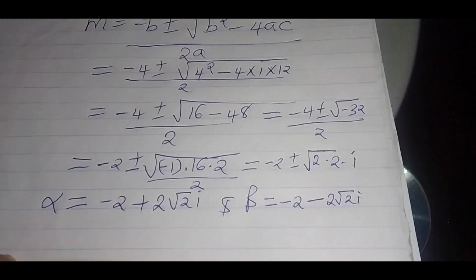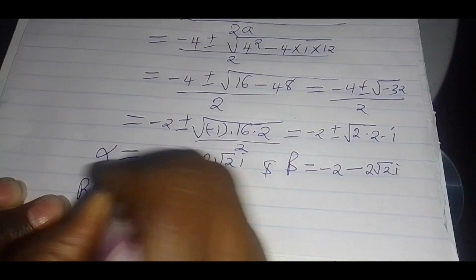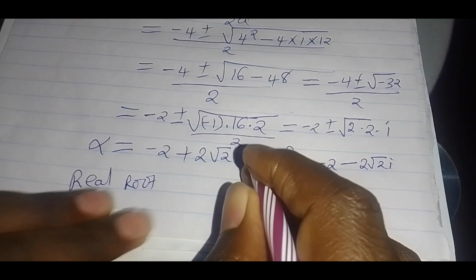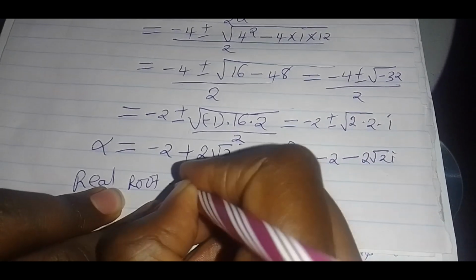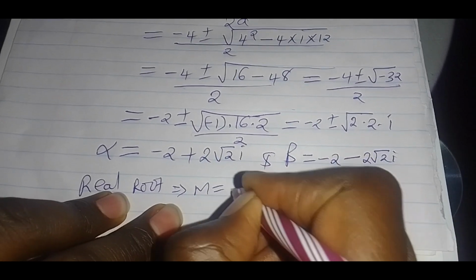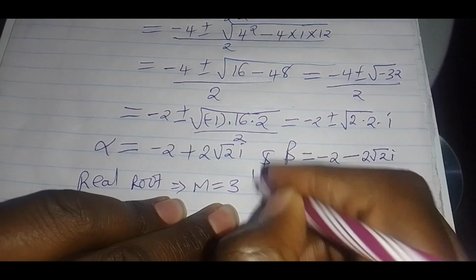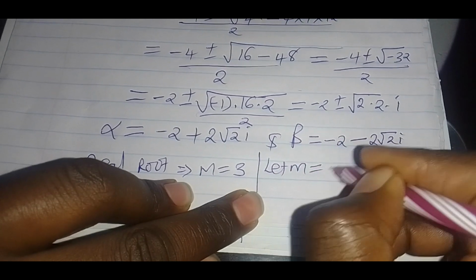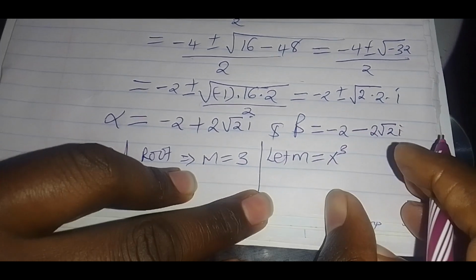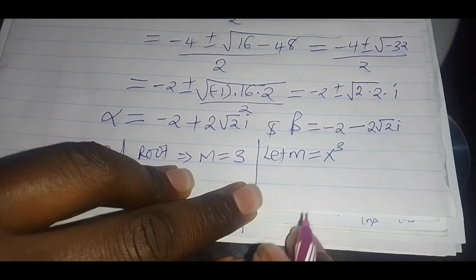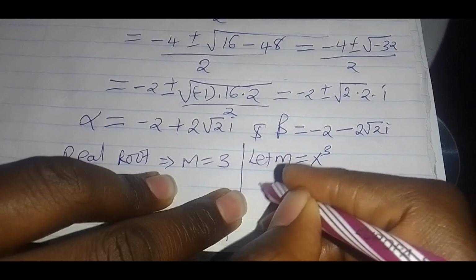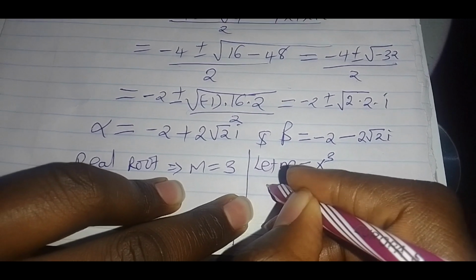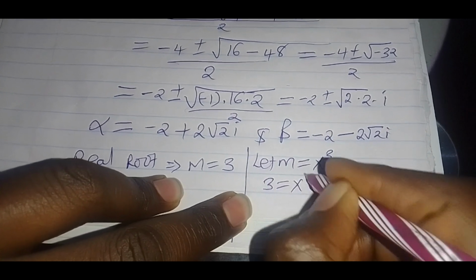And remember, in our real root, which is given as m is equal to 3, we assume that m is equal to x cubed. Remember that our m is equal to 3, so 3 is equal to x cubed.